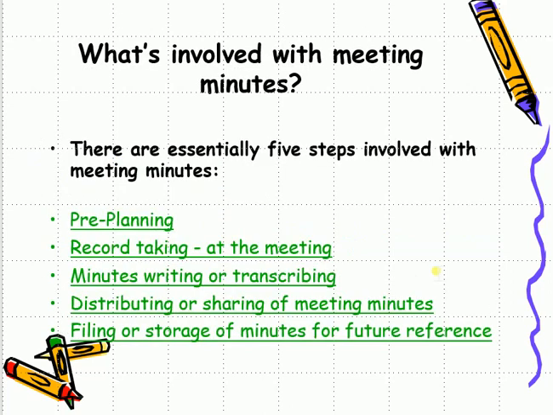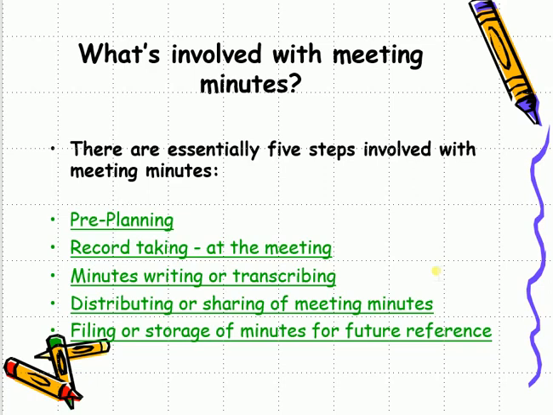So what's involved with meeting minutes? There are essentially 5 steps. First is pre-planning, record taking at the meeting, minutes writing and transcribing, describing or sharing meeting minutes. This is very important. You have to pre-plan that what you are going to note it down, what is the subject of the meeting, and according to that you have to pre-plan.